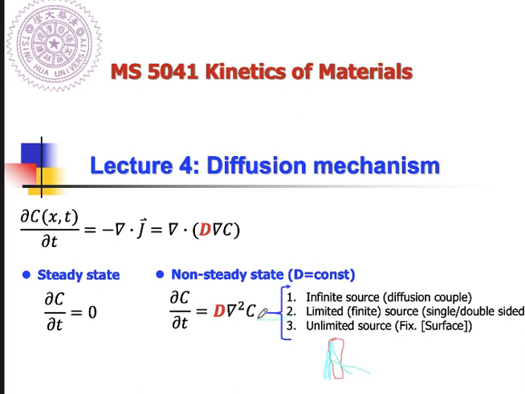Because it belongs to the limited source case, right? But in lecture 3, you only know the concentration distribution inside our materials after diffusion happens. So this, we can call a macro scale point of view.